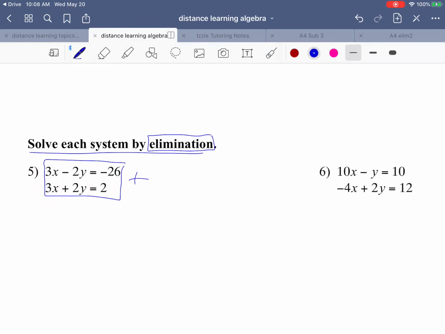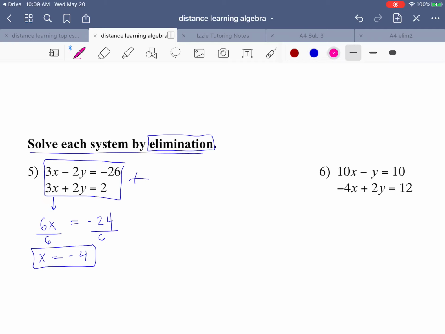So when I add, I end up getting 6x, and the y's cancel, dropping the equal sign. If I add negative 26 and 2, I get negative 24, leaving me with a very simple one-step equation. If I divide by 6, I get x equals negative 4, which is halfway there.